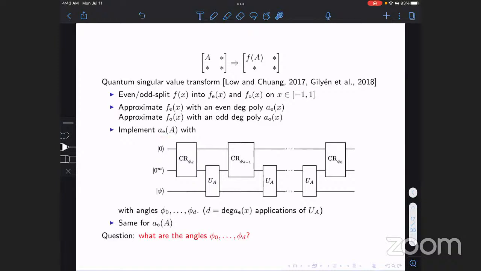So finding these angles phi 0 to phi d is key to implementing each term. Once we have both AE and AO implemented, we can add them together. So the key question is: given a polynomial A, how do I find these rotation angles such that this circuit itself is going to implement, for example, AE?